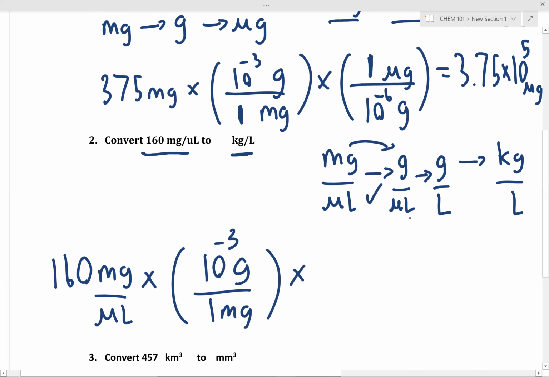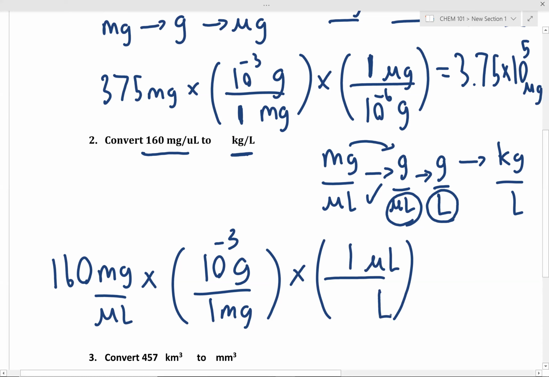Next, we're going from 1 over microliter to 1 over liter. So in order for these microliters to cancel, what units do we need to have on top? Microliters. They need to be on opposite sides of the dividing line. So in 1 microliter, that corresponds to how many liters?